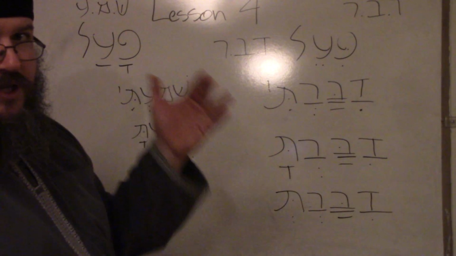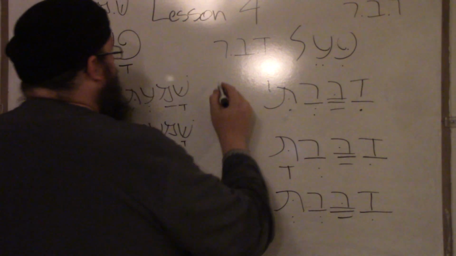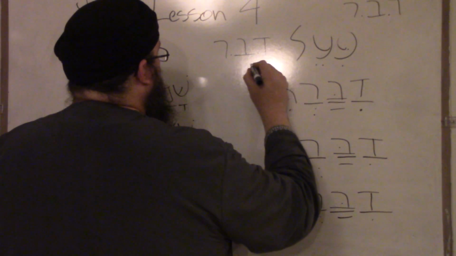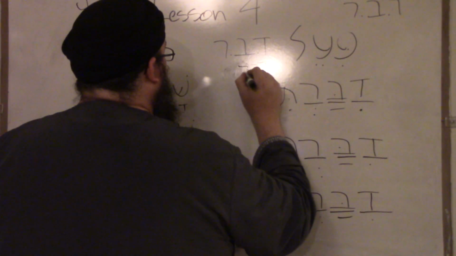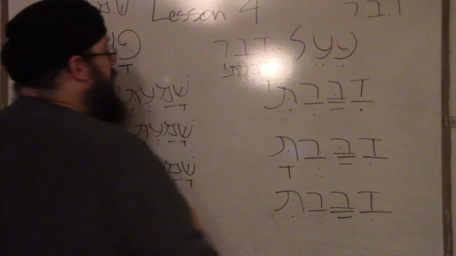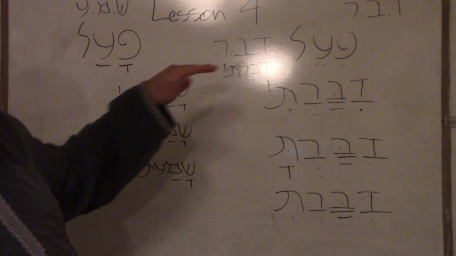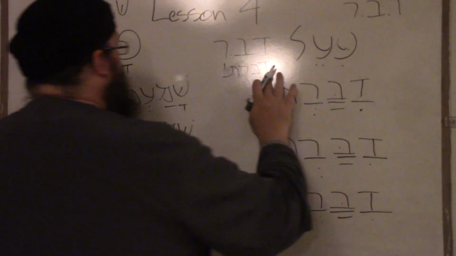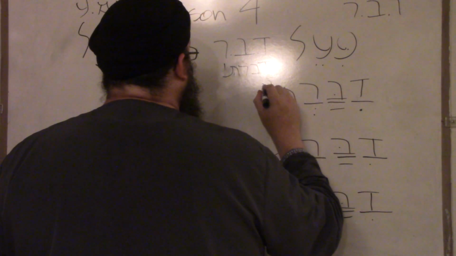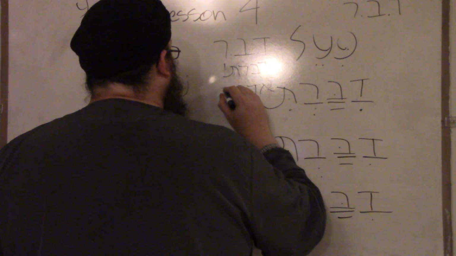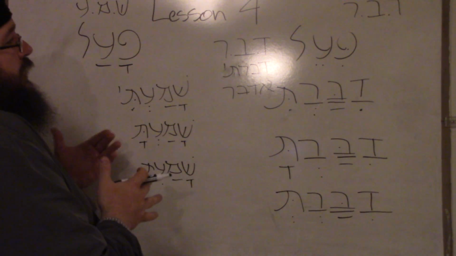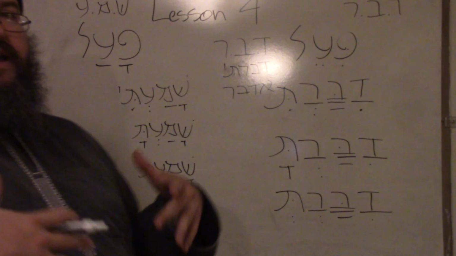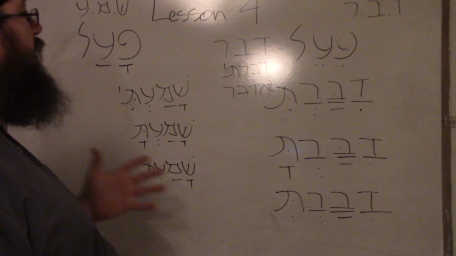And then when you flip the card over, you have the past tense, dibarti, and then you write in I spoke. And then you have, of course, underneath that, edaber, I will speak. All right? And so you can practice your past and future immediately. This is a great way of doing it.